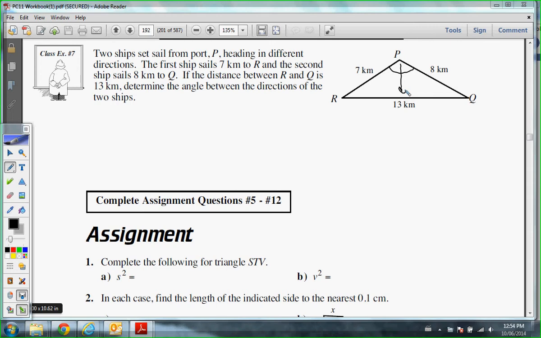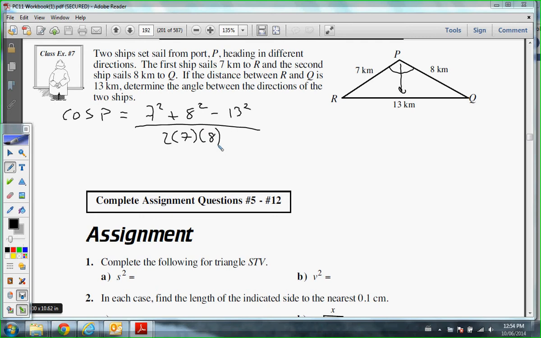All right, and now the next thing I want to do is we'll set up our same deal. So in this case, I'm looking for cosine of P. Okay, and that's going to give me 7 squared plus 8 squared minus 13 squared, all over 2 times 7 times 8. Now get that, tell me what you get.